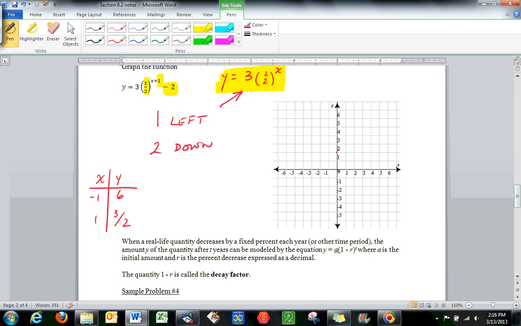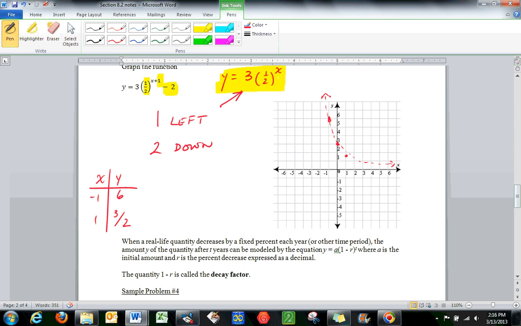So that's my y-intercept. And then negative 1, 6, and then 1 and 3/2, which is 1.5. Now, basically what I get here is this exponential function that looks like this. But that is not the exponential function that I'm trying to graph right now.